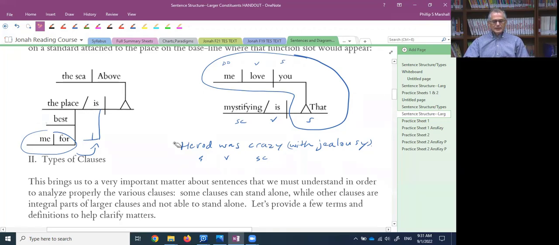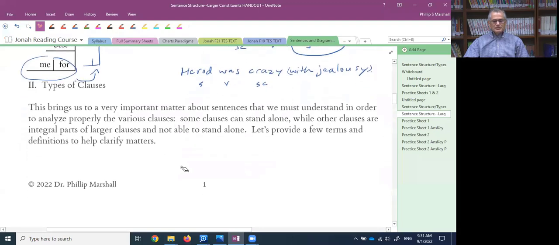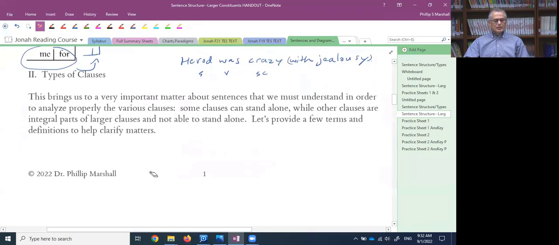Okay, great. So let's go on now to types of clauses. And here I don't mean sentence pattern when I say types of clauses, but something else. Clauses are sentences with at least a subject and a verb.